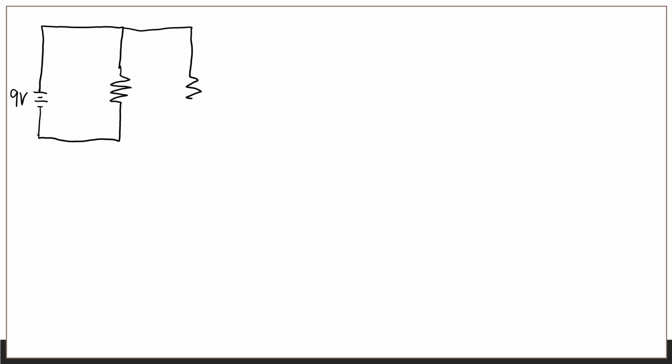Let's take, for example, a certain parallel circuit with a voltage source of 9 volts, or the electric potential of the circuit is 9 volts. And let's say there are 3 circuit elements, say resistors, connected in this parallel circuit.